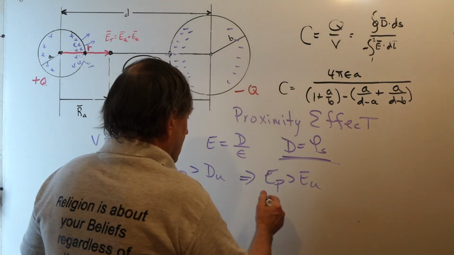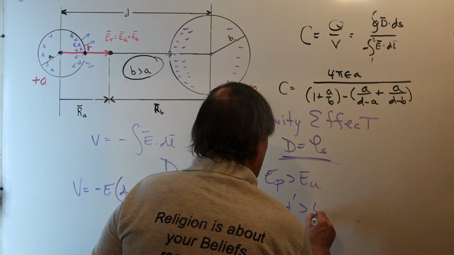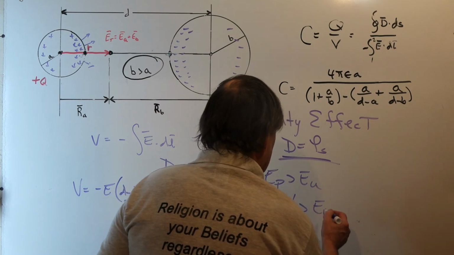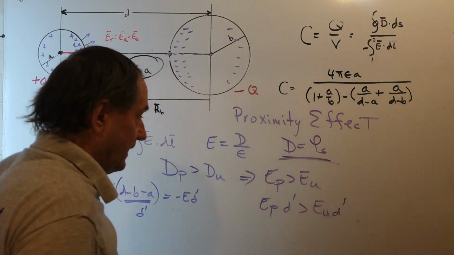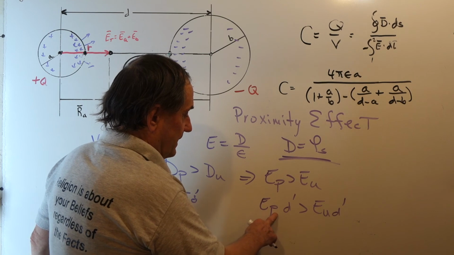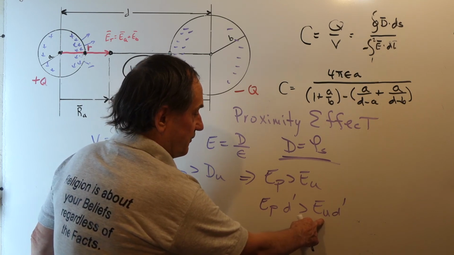So we then have that the E field due to the proximity effect times the separation distance is greater than the E field when we assume the charge is uniform.